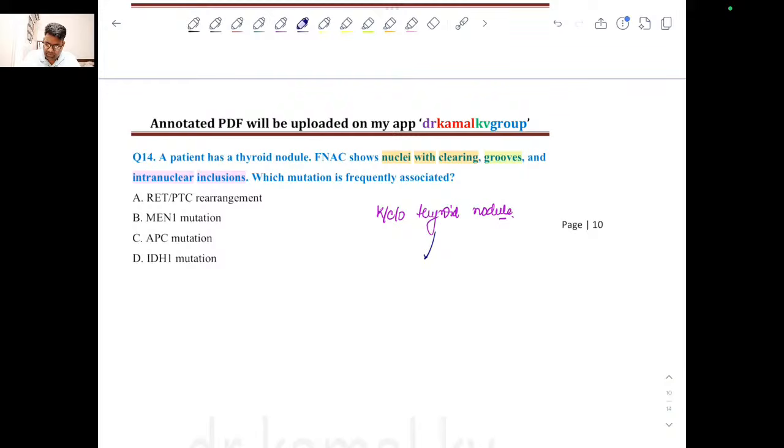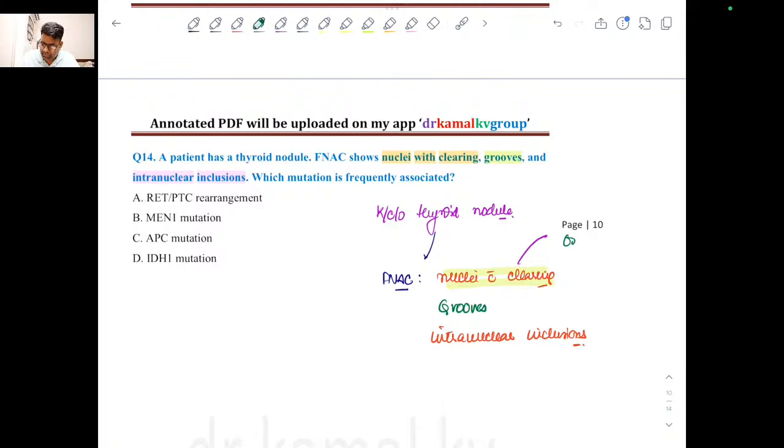Now, what is happening here on FNAC, what we can see? Nuclei with clearing. Now, this is very important. Very good, very good. I think all of you can get from here. And one more important word is grooves, and the third one is intranuclear inclusions.